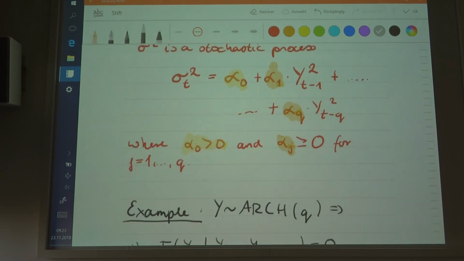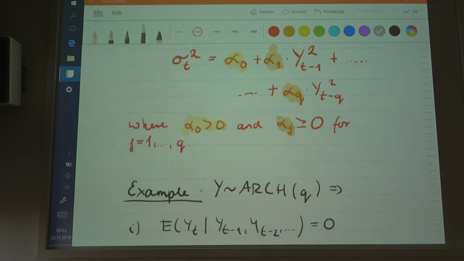This condition ensures that the process is greater than 0 almost surely. Then, if the process is greater than 0 almost surely, the variance of the expectation of the process is also greater than 0.